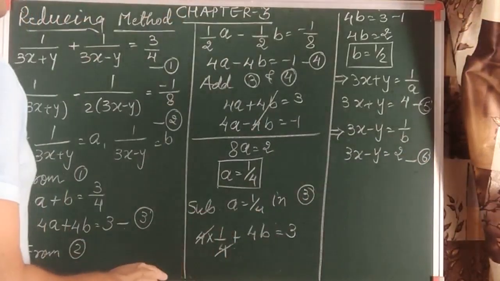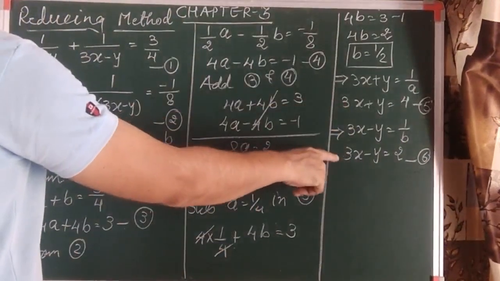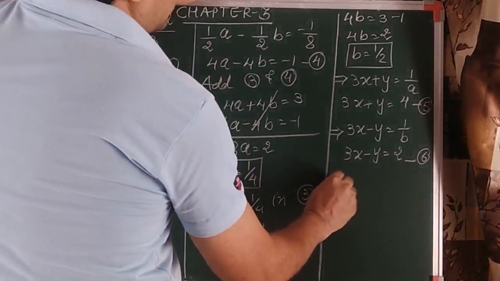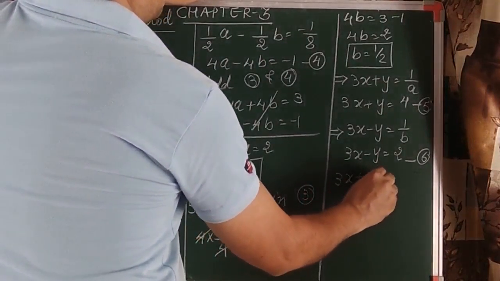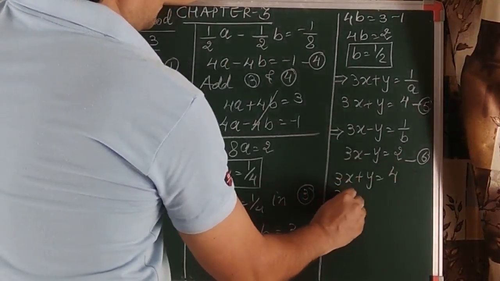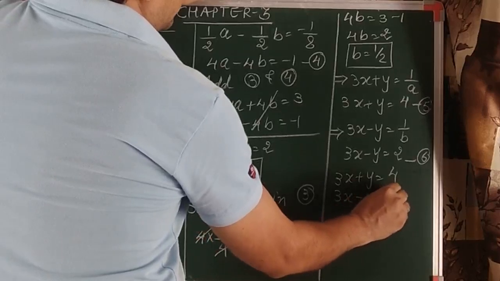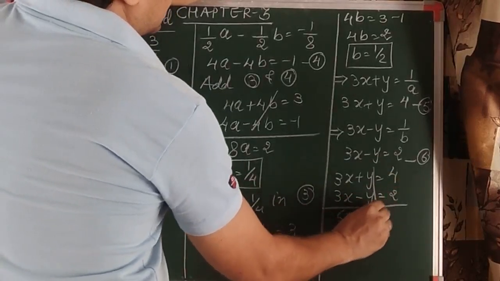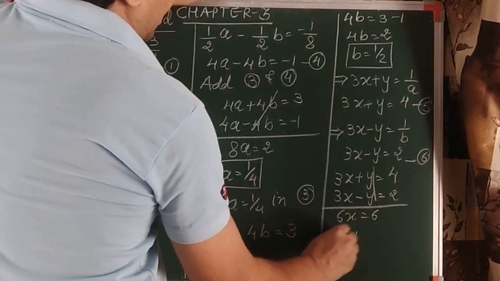Now again remember that these are the two new equations. We have to solve this. So let's again do the addition of both the equations. 3x plus y is equal to 4 and 3x minus y is equal to 2. I have done the elimination. So 6x is equal to 6, so we obtain x as 1.